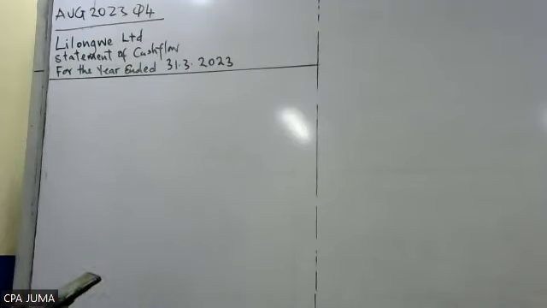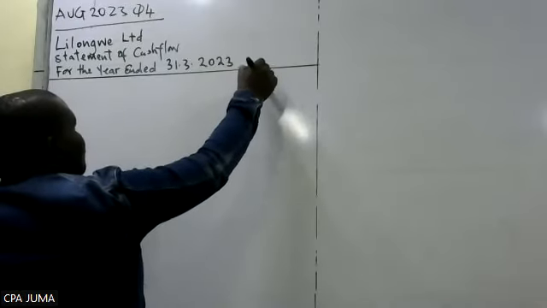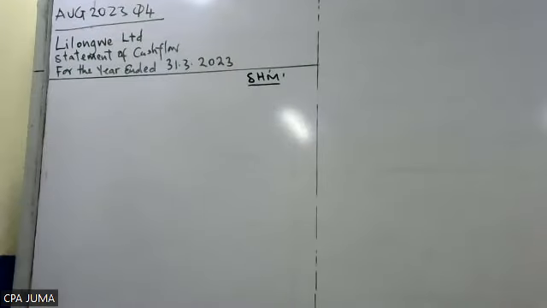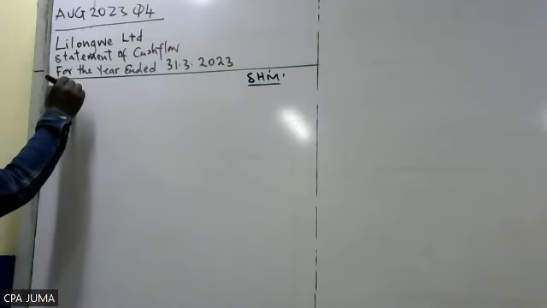So shillings are in millions. One column. So operating activities.